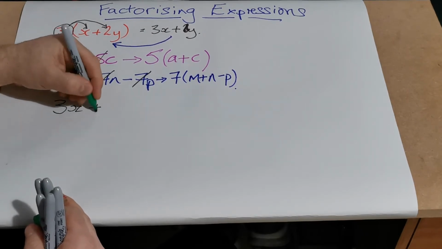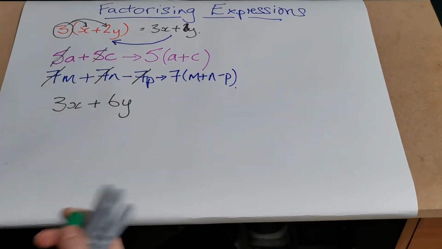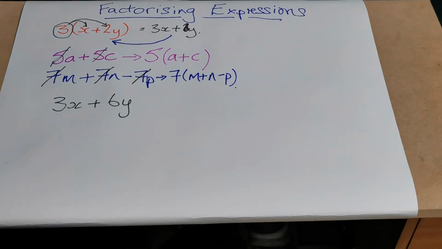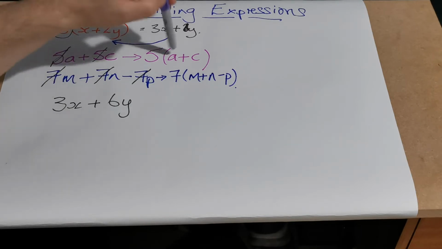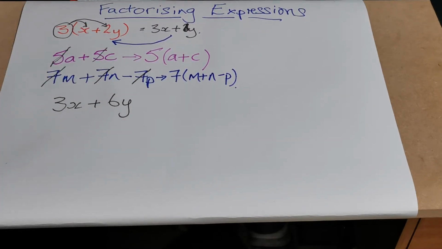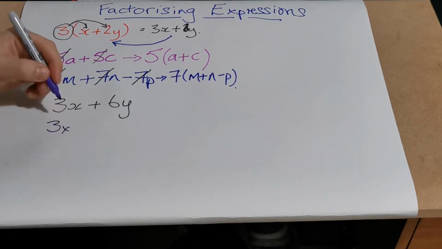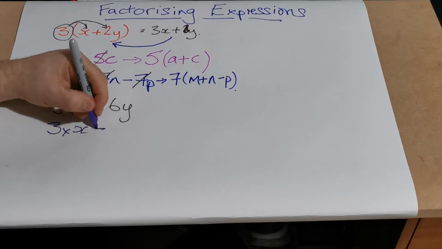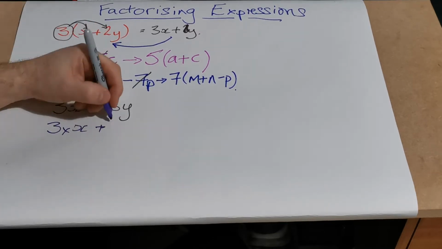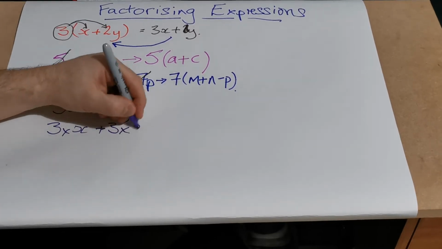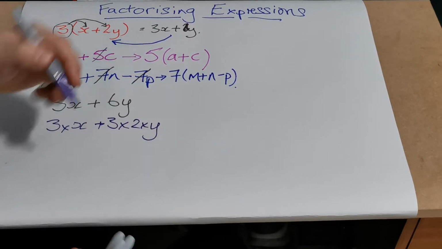Now that's all really very straightforward, but let's have a look at this question: 3x + 6y. When we first look at it, we would think there's nothing the same there that I can take out, like I could do in those examples. But looking deeper, you can see that actually there is. 3 and 6 are both in the 3 times table. So this is 3 times x, but 6 is 3 times 2, so it's 3 times 2 times y.